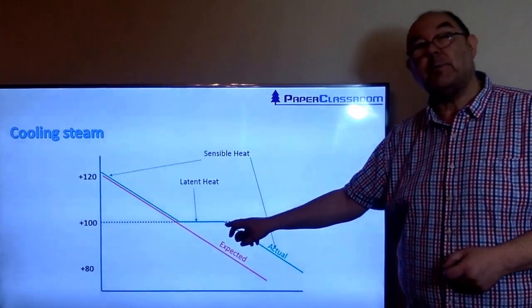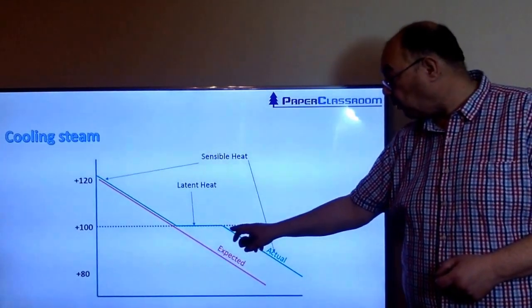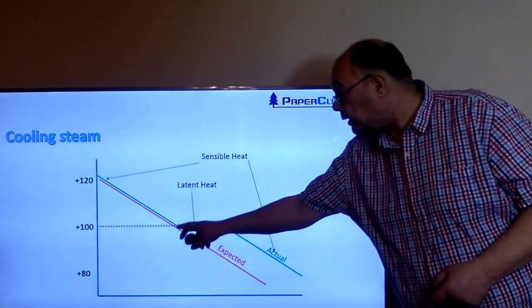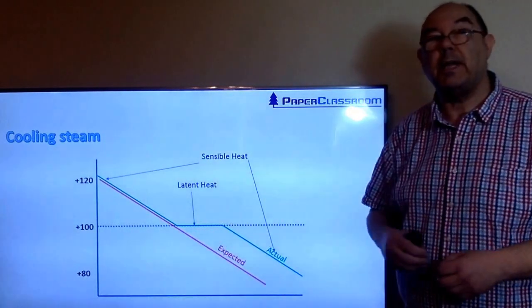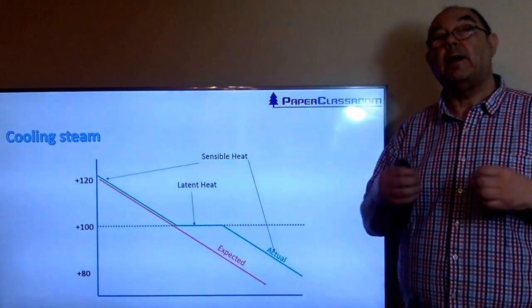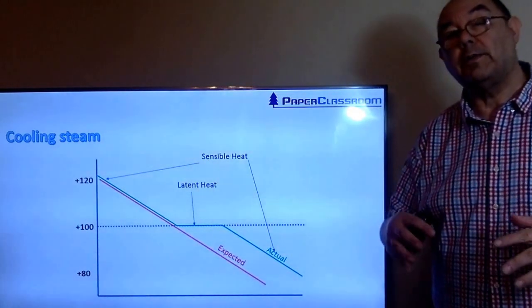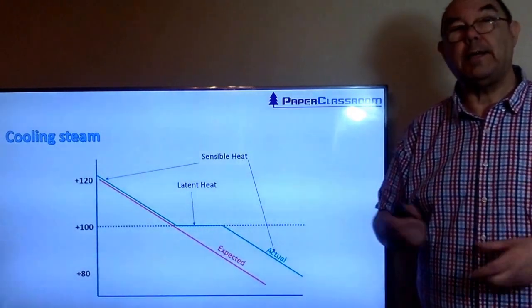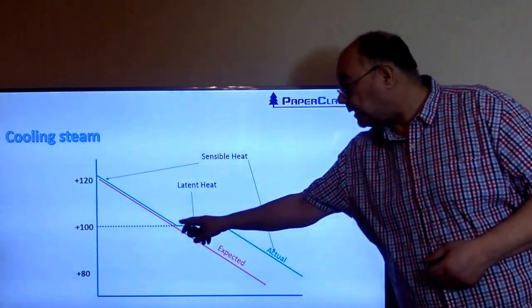Once all the steam has been converted into water, then the water will continue to cool down. At this point here, because the steam is going from a gas to a liquid, it's giving out heat. And it's that heat that's given out that actually heats the shell of the drying cylinder that then heats the paper. So it's the latent heat here.